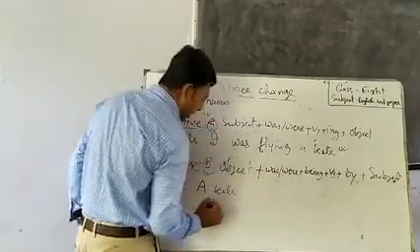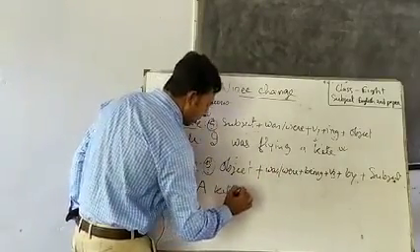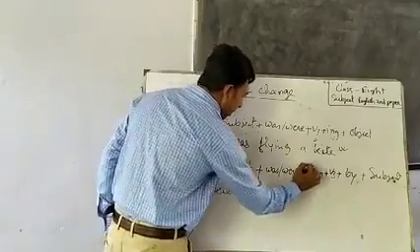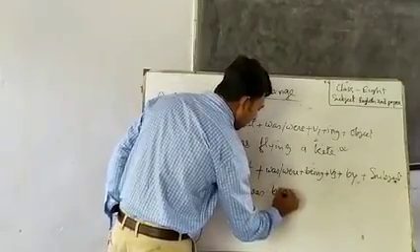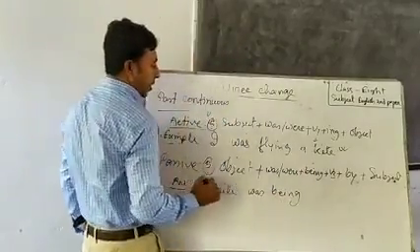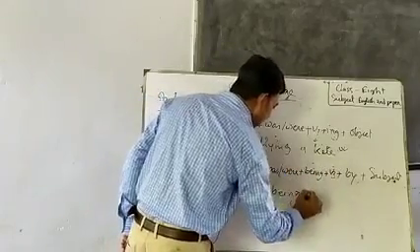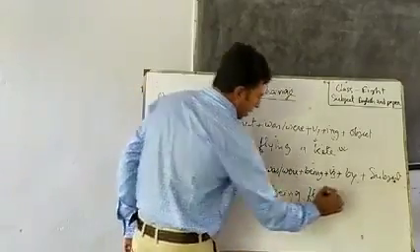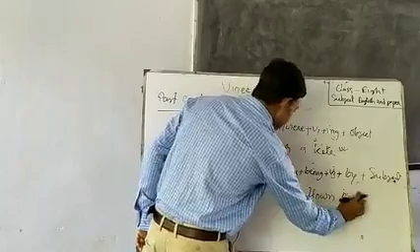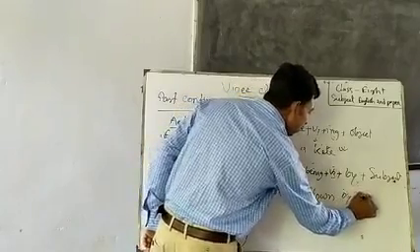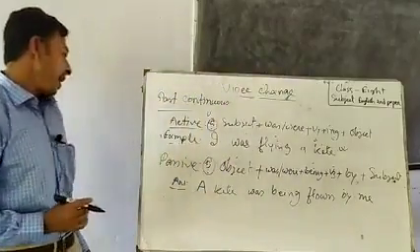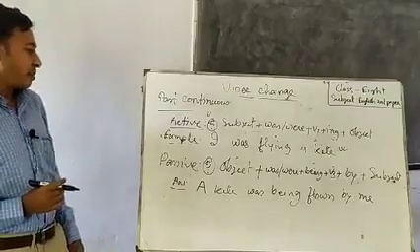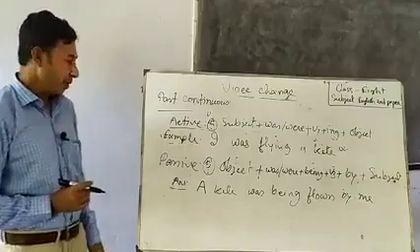Then I write was, were according to number and person. And I write been. And I write verb 3, flown, and I write by. It is complete: a kite was being flown by me.